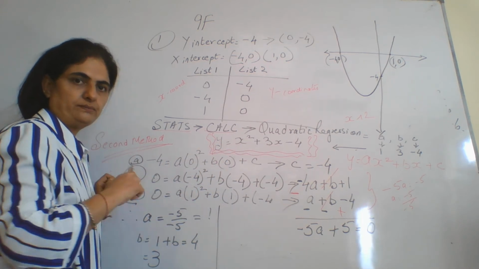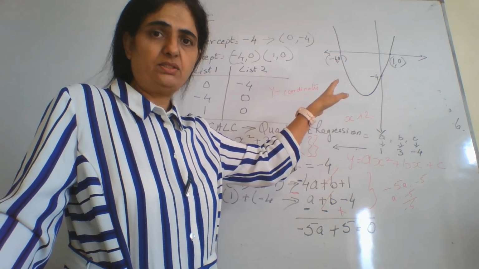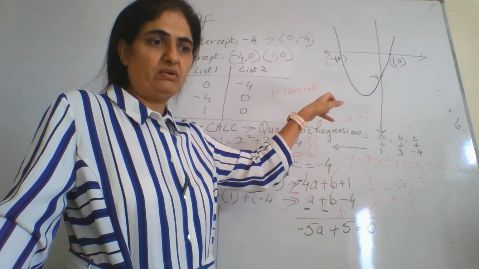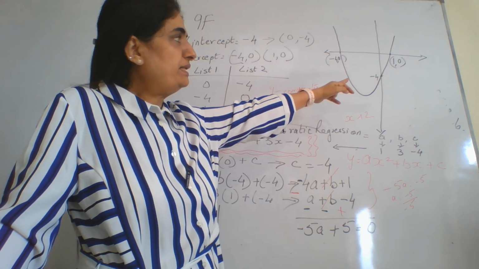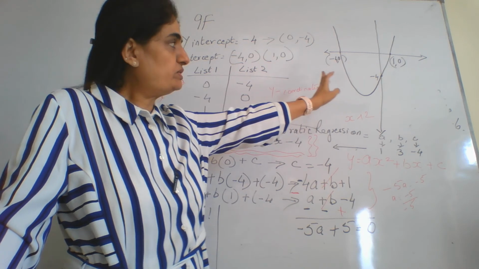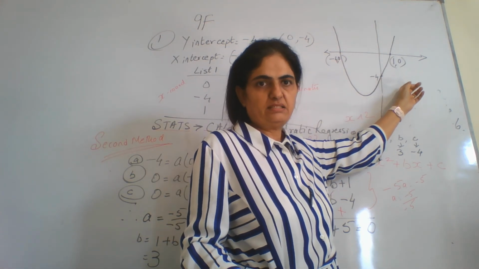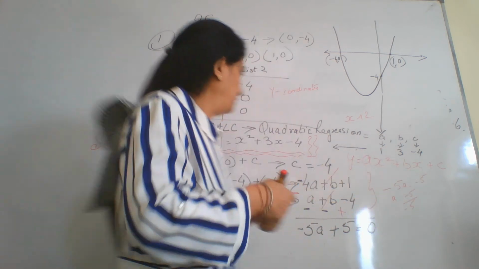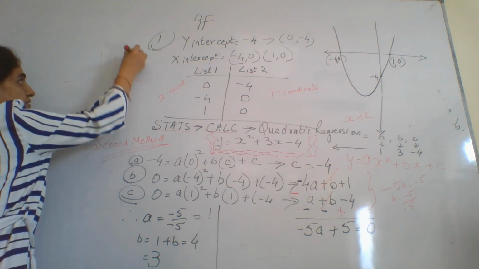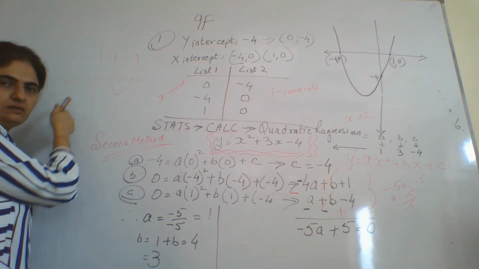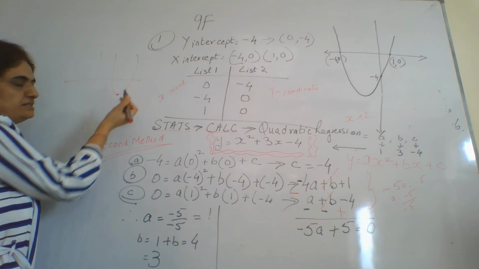So whenever you have a parabola and you're asked to write the equation of such a graph, you need to find the points from the graph. Supposing the parabola is not touching the y-axis, it's somewhere this way, then you can take the vertex as the third point.